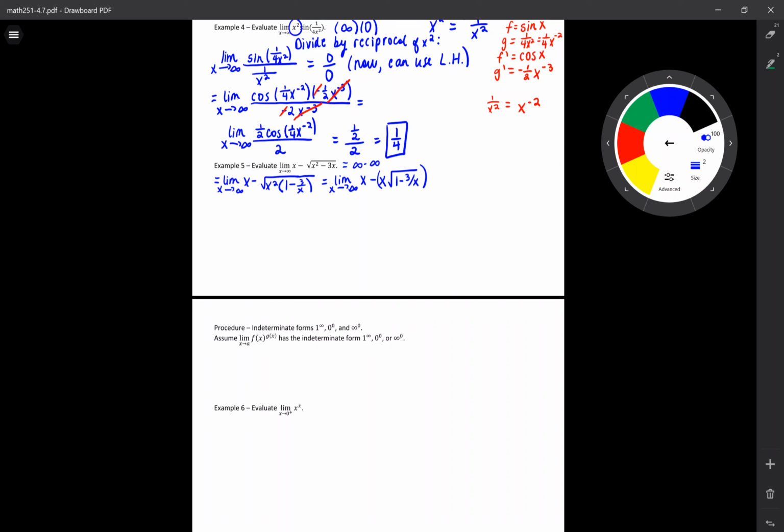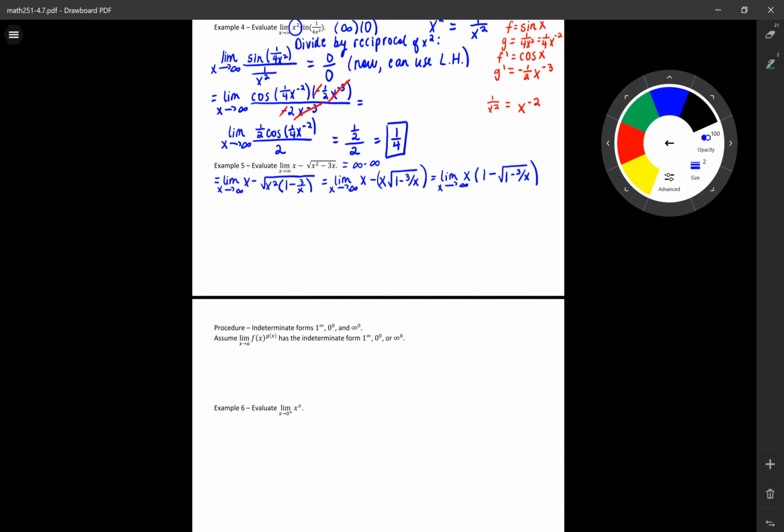And now from both of these terms, x and x times square root of 1 minus 3 over x, I can factor out an x. So this is limit as x goes to infinity of x times 1 minus the square root of 1 minus 3 over x. So here I have just factored out an x from both terms.